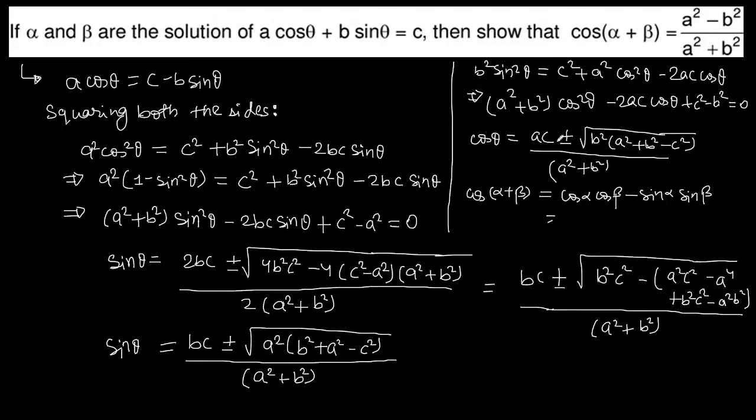So alpha is this plus, beta is minus, and we can simply say that we have a square plus b square whole square and something like a square minus b square upon a square plus b square.